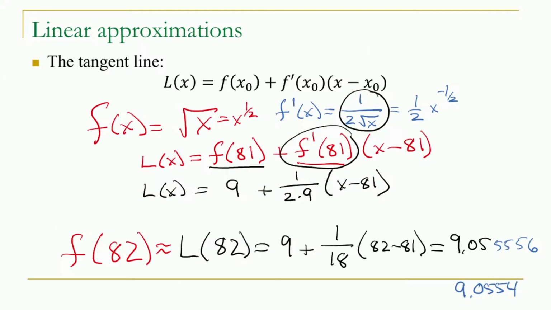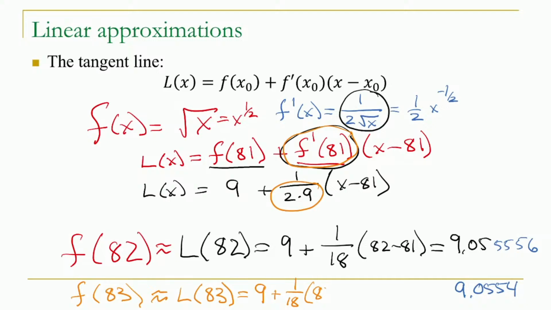Here's, if I wanted to do the same thing for the square root of 83, of course, it's going to be a worse approximation, but I would do 9 plus 1 over 18. I'd still have the 1 over 18 as the derivative evaluated at 81. So it's 1 over 18 times 83 minus 81, which is, I'm kind of curious.